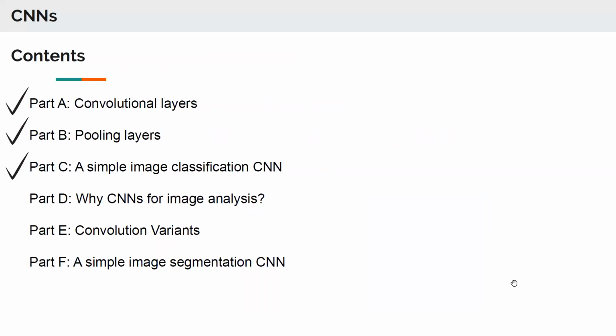Okay. So now we have looked at classification CNN. Let's now look at why CNNs are so well suited for image analysis. We have mentioned several times that CNNs produce state-of-the-art performance for a lot of image analysis tasks. So what makes them so particularly well suited for images?